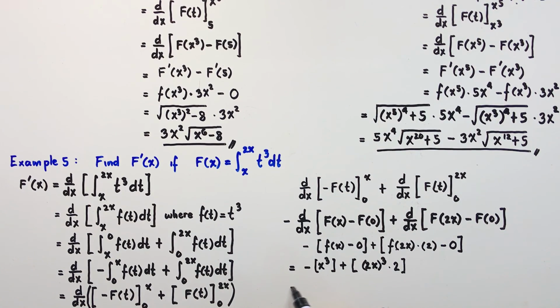So we have negative x cubed plus 8x cubed times 2. But 8 times 2 is 16 here. So this is 16x cubed minus x cubed. So therefore our answer is 15x cubed.